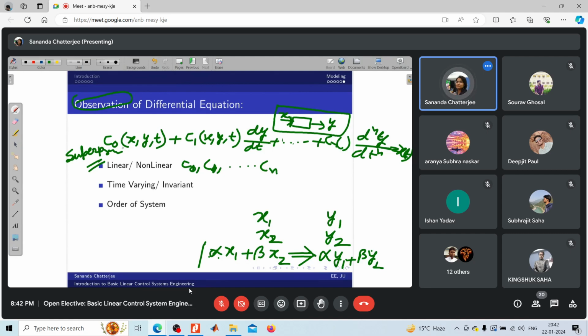If I see that C0, C1, Cn, all these are either constant or a function of t, they are linear in x and y. যদি হয়, মানে these are only either constant or only function of time.